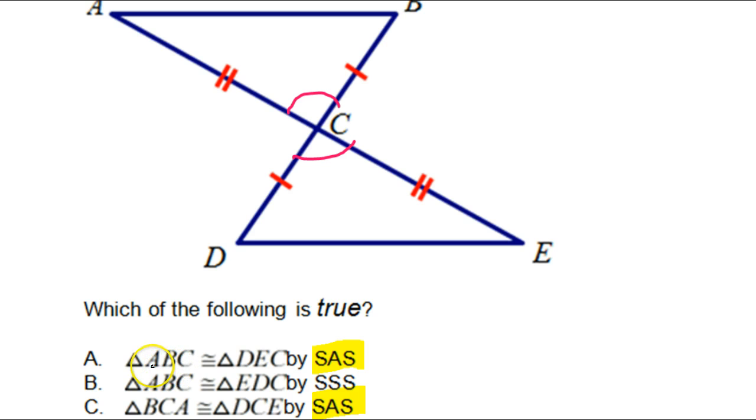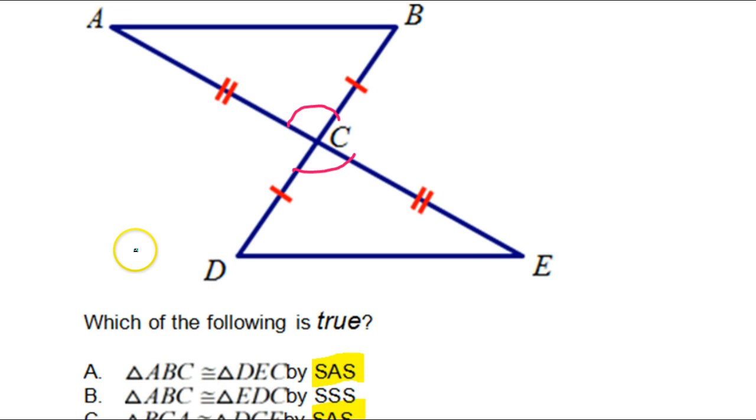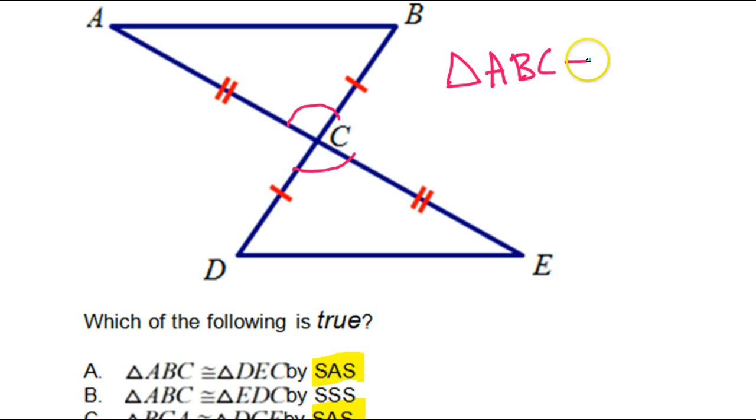Let's look at the first one. A, B, C. Now, if we're going to talk about triangle ABC is congruent to triangle... Now, see how the markings are congruent diagonally. This side is congruent to this side. This side is congruent to this side. It's all about diagonal. So angle A is going to be corresponding with angle E. So for ABC, I'm going to start out with angle E on the other triangle.